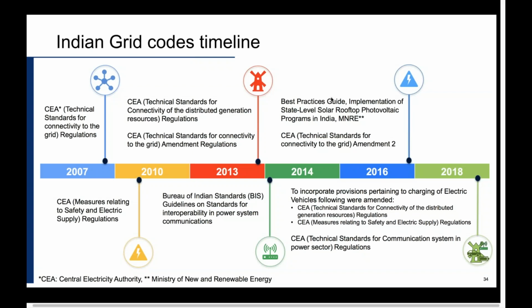CEA comes up with all the requirements and standards on renewable penetration, along with the support of MNRE and numerous other organizations. India is having a significant increase in wind and solar. The way the penetration of transmission level interconnected renewable resources are handled is very well.